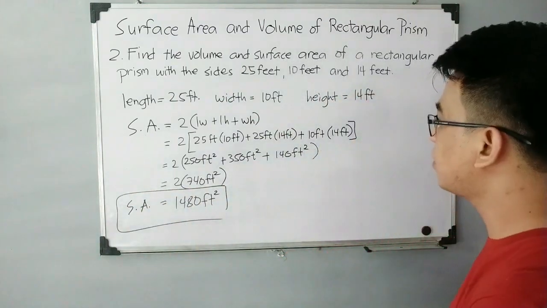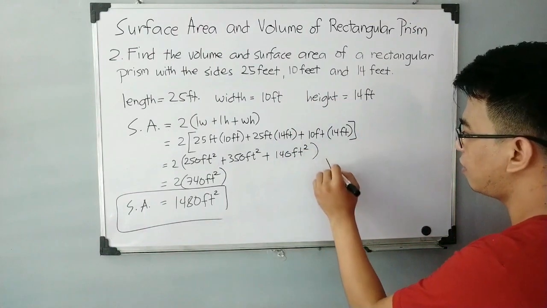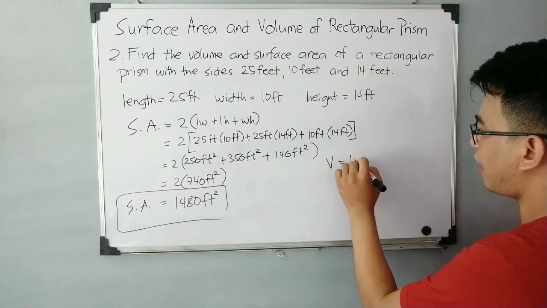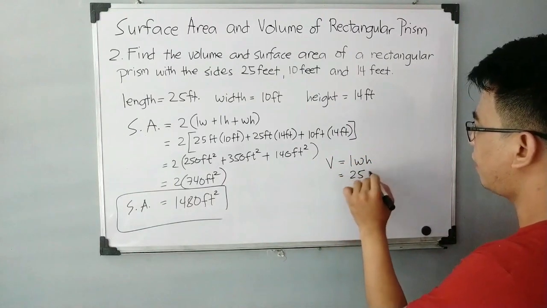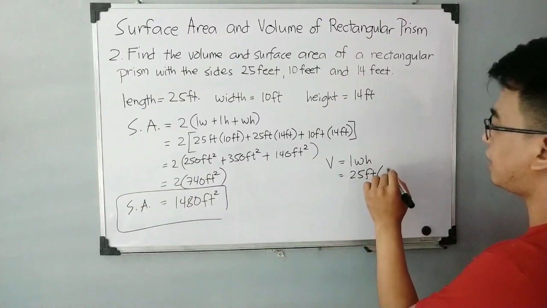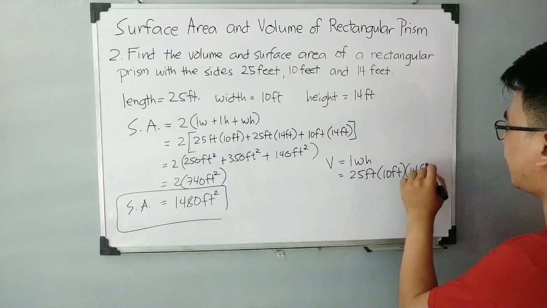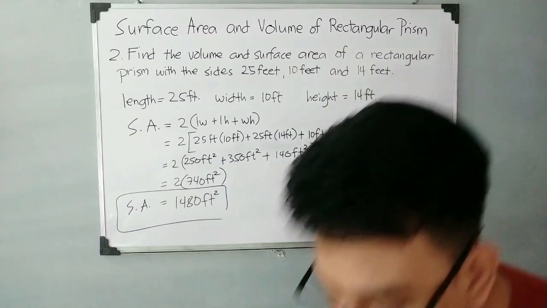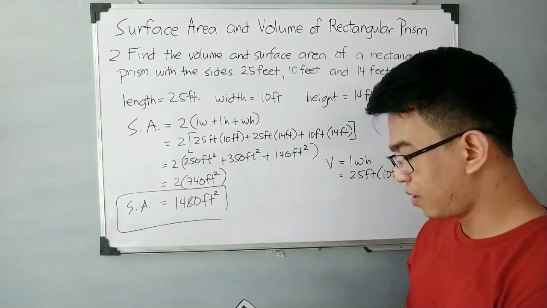Okay? So let's go with the volume naman. Volume medyo, kulang tayo sa space. It's equal to length times width times height. So that will give us 25 feet times 10 feet times 14 feet. Okay? So gagamit tayong calculator para mas mabilis yung ating video. Okay?